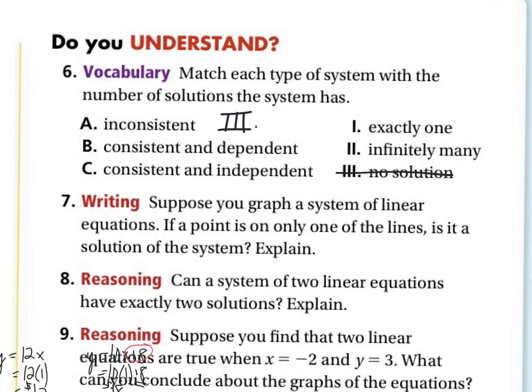Consistent and dependent would be infinitely many solutions. That leaves consistent and independent as exactly 1. That's a way to think of independent: if there's just one, then it's independent. Kind of like if you're the only person, then you're independent in deciding what you're doing.